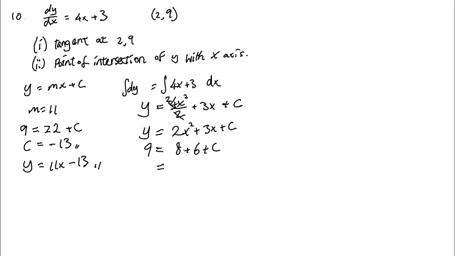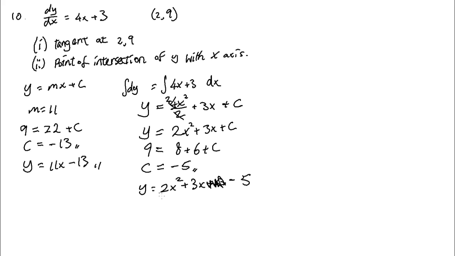That adds together to 14, and so c is minus 5. So we get the equation y equals 2x squared plus 3x minus 5.